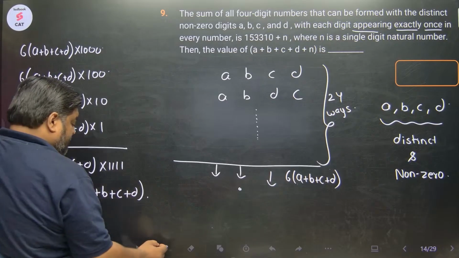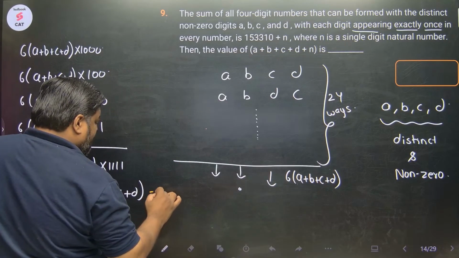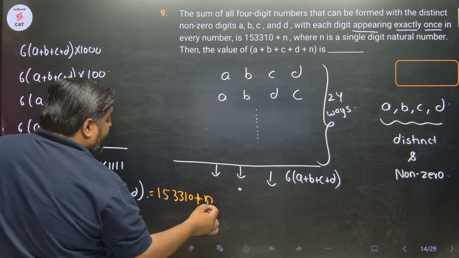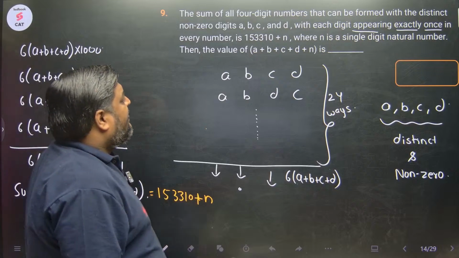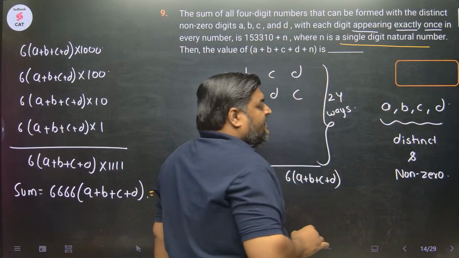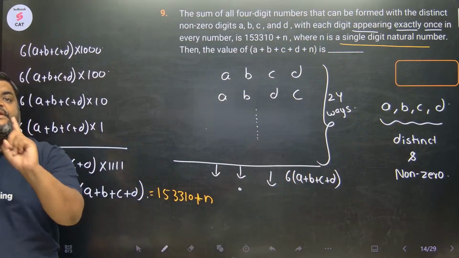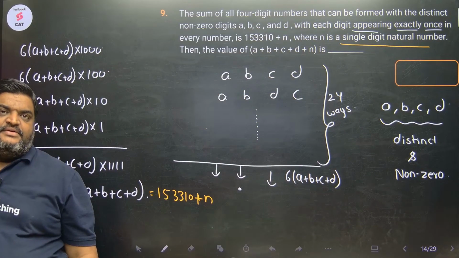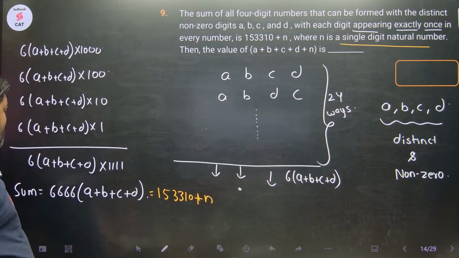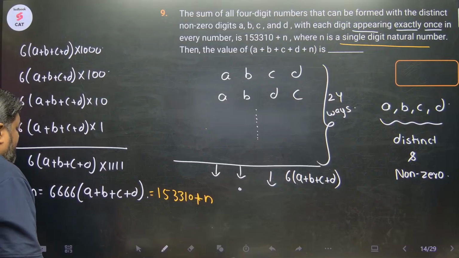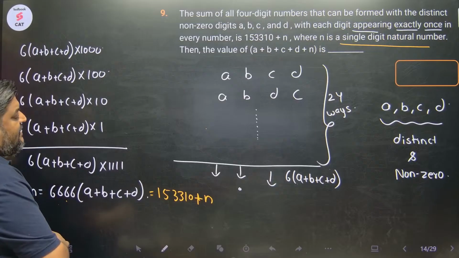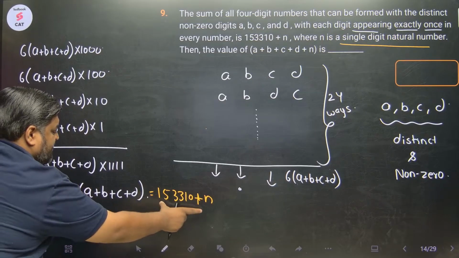And this is equal to, as given in the question, 153310 plus n, where n is a single digit natural number. So what you have to do is figure out which multiple of 6666 is closest to this.